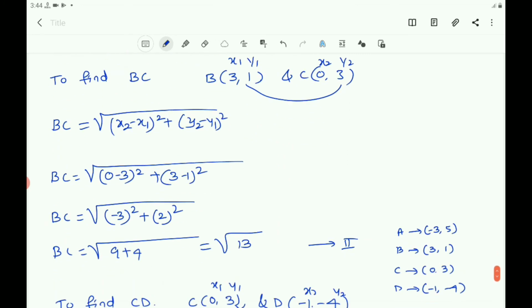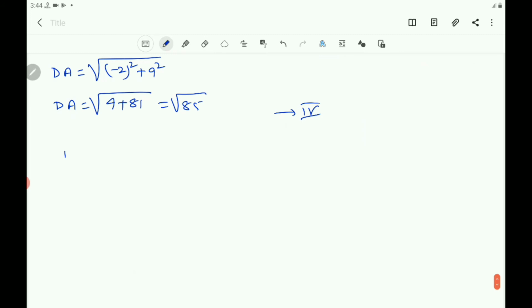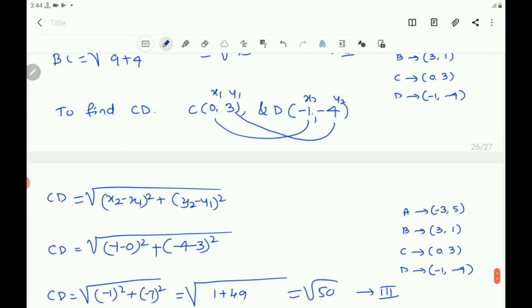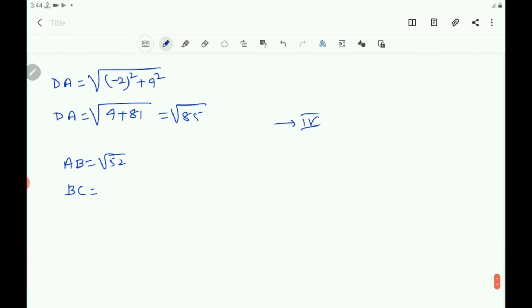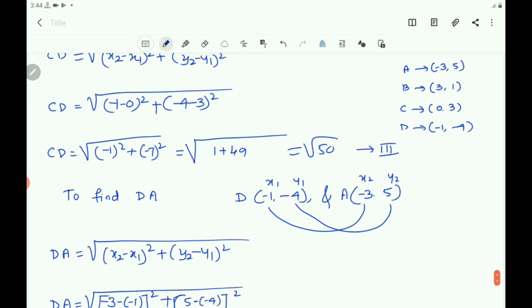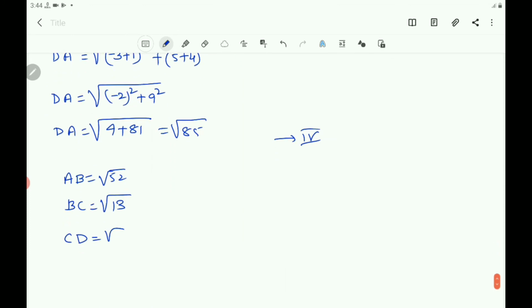AB is equal to root 52, and BC is the second one, that is root 13. Then CD is the third side, that is root 50. Then DA is the fourth one, that is root 85.